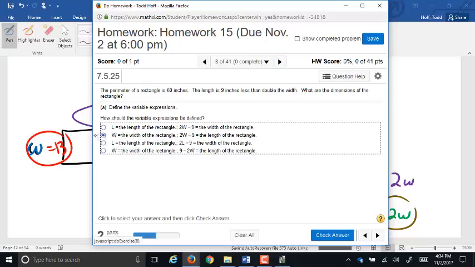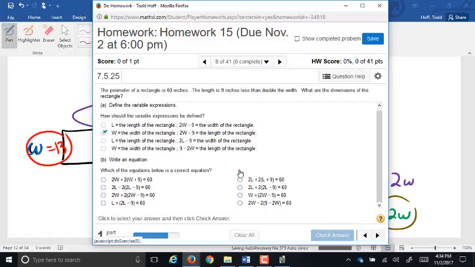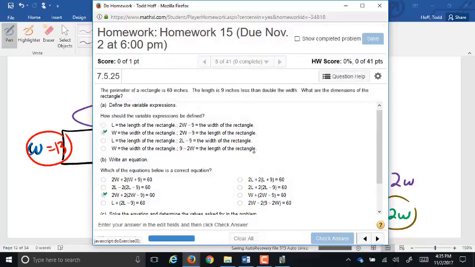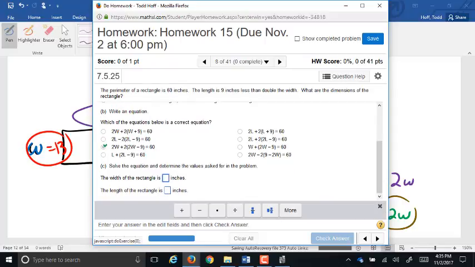So I guess I did way more work than I had to, but there we go. Which of the equations below is the correct equation? Well, 2W plus 2 times, that's not it. 2W plus 2 times 2W, that one would be the correct equation. And then solving, the width was 13 and the length was 17.